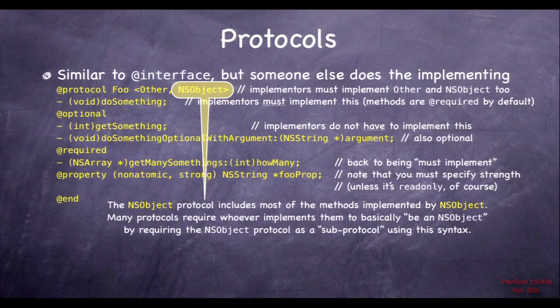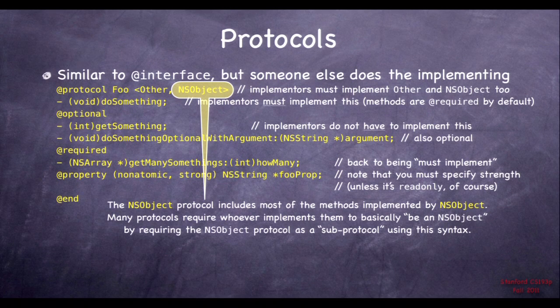All right, protocols. A new Objective-C thing. The syntax of protocols looks very much like the syntax for @interface. A couple of things to think about. One is that, of course, for a protocol there's no corresponding @implementation. The implementation of a protocol happens in other objects. So all a protocol is, is a collection of methods and/or properties that you're going to ask some other object to implement.